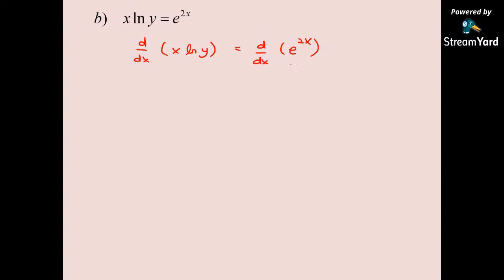The right hand side is quite okay, I'm sure you know how to do this. But on the left hand side, you've got to be extra careful because we have x multiplied with ln y. Therefore, for this one, you need to use something called the product rule. So that is my hint. Do make sure to use the product rule.